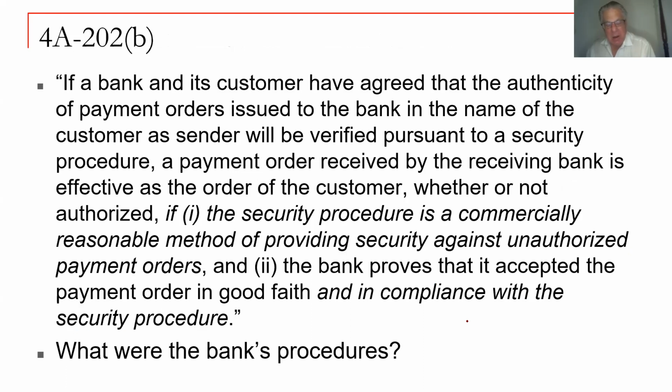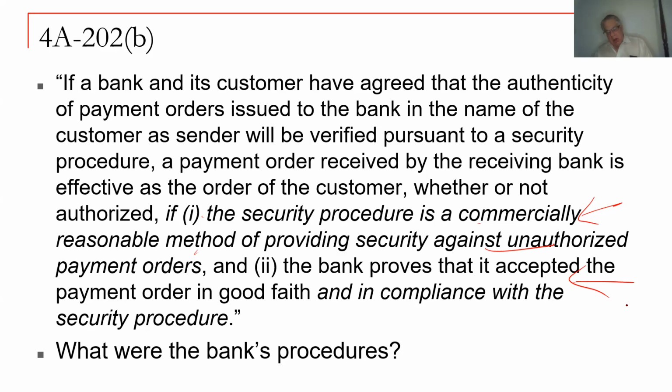Here, just so you see it, is the crucial provision of Uniform Commercial Code 4A, which says that down here in the italicized part, if the security procedures are commercially reasonable and the bank followed them, then as far as the code's concerned, the bank has no liability.